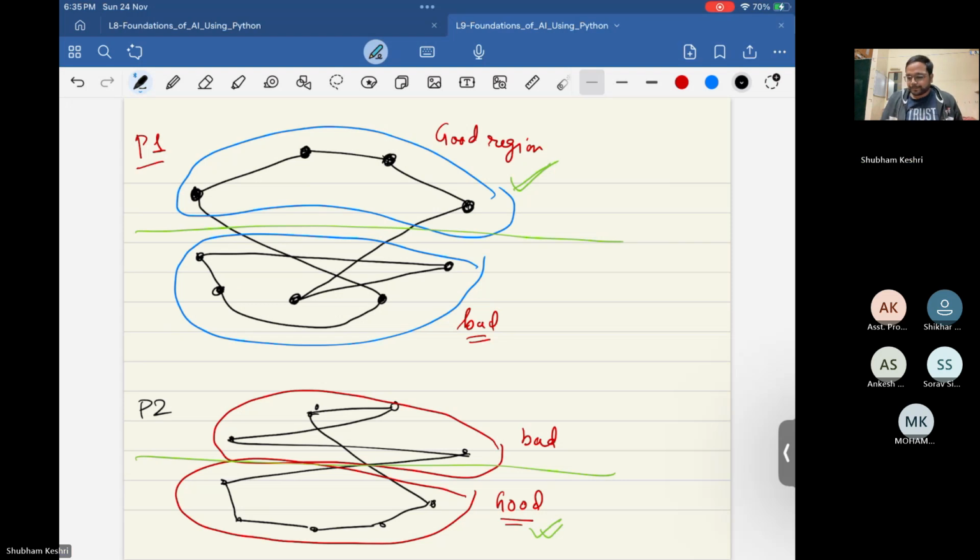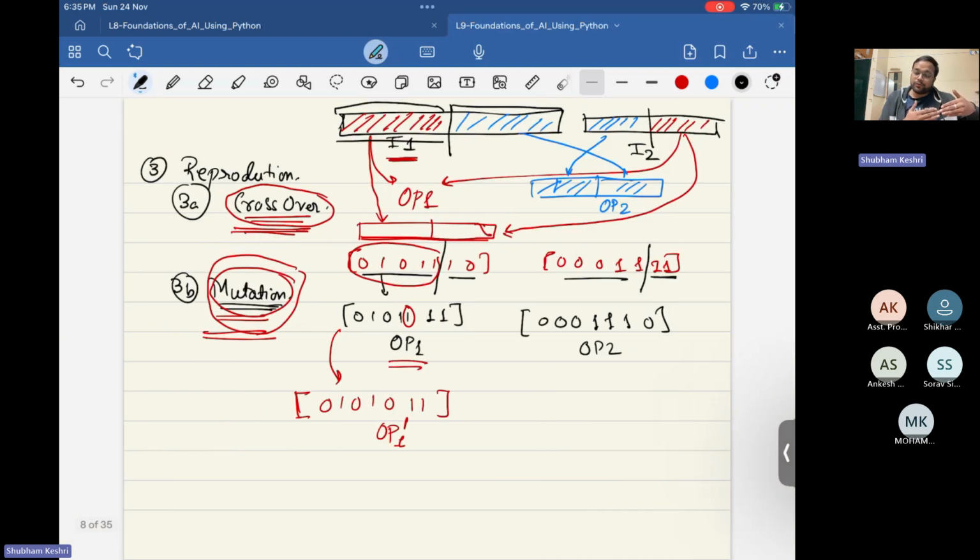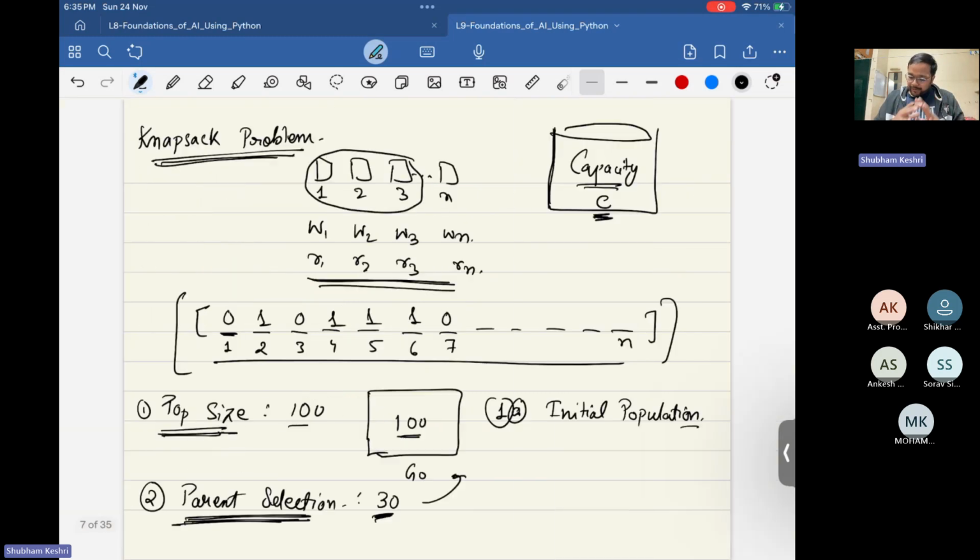All right. So in some of the problems, we have to think about which kind of crossover is good for which problem. So over here we have just talked about single point crossover. There are other kinds of crossovers as well. Okay, so come back here, we have an idea.